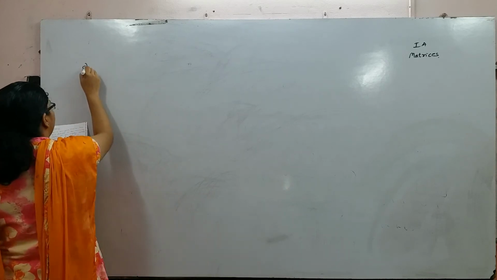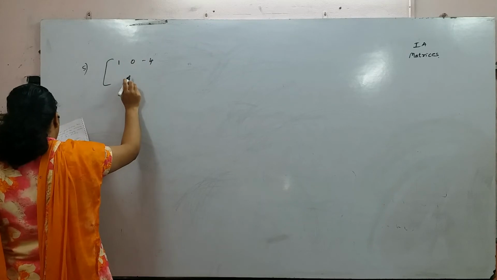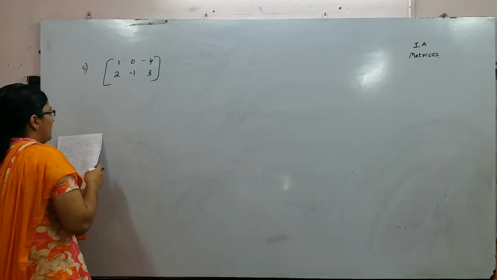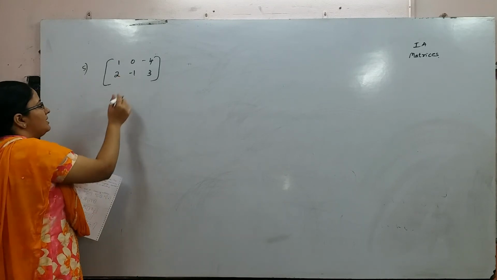Fifth one, 1 0 minus 4, 2 minus 1 3. You are given this matrix. First of all, we will check for a 2 by 2 matrix.